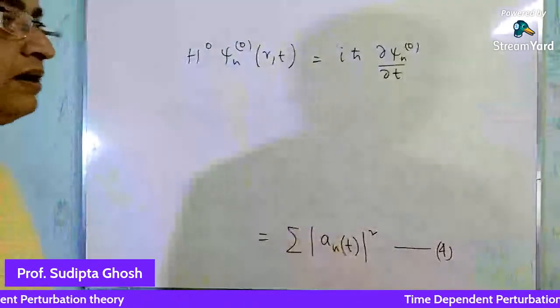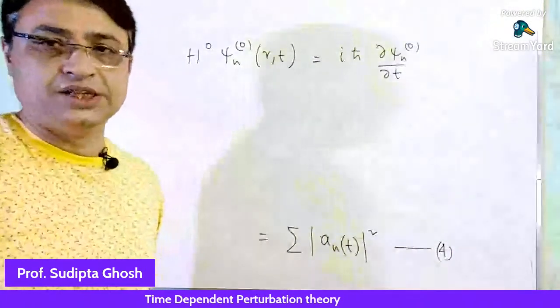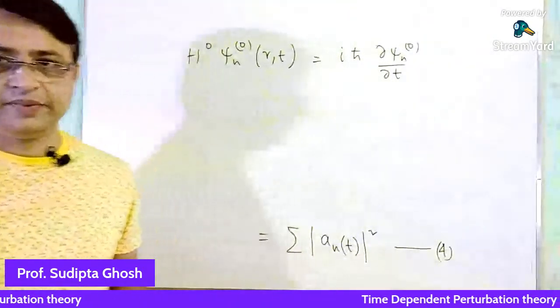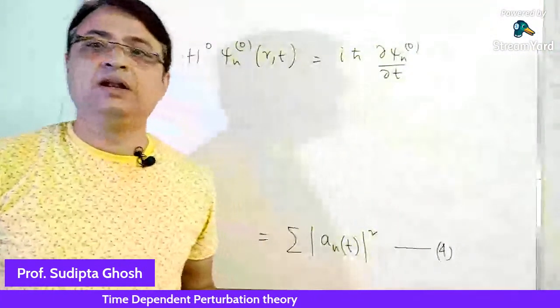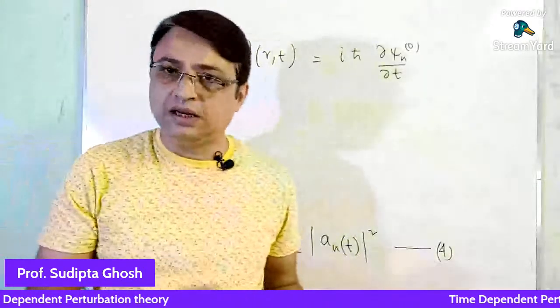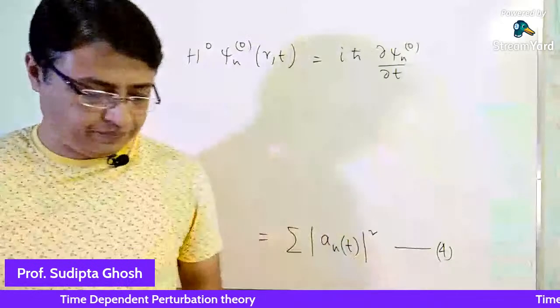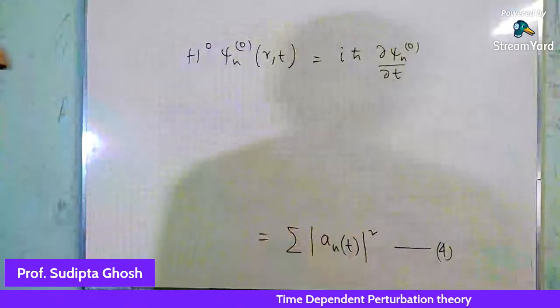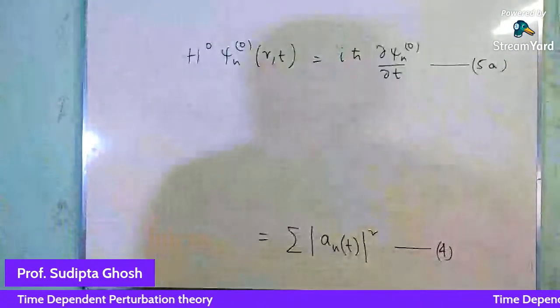Here I am skipping writing r, t for the function psi n0, but actually it is also a function of r and t. Proceeding in this manner, I will not write r and t for the wave function psi n or a n, so make sure that it is also a function of r and t. Let this be equation 5a.